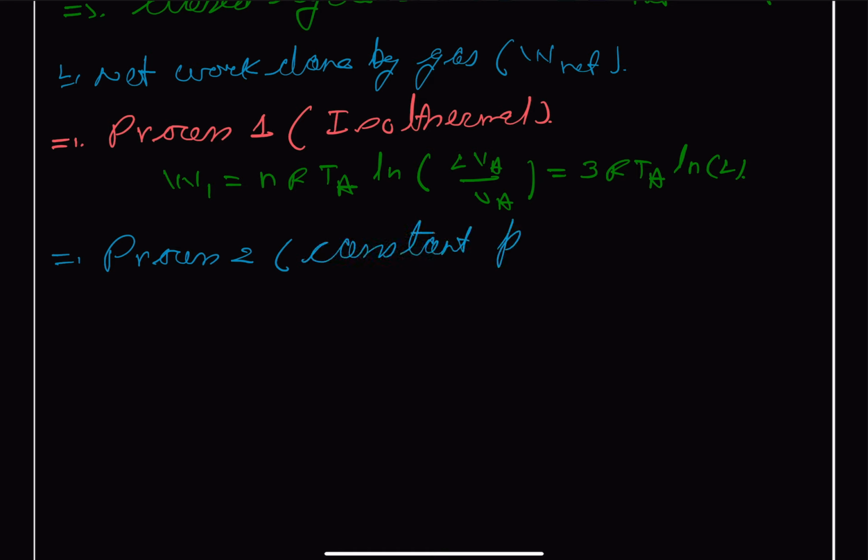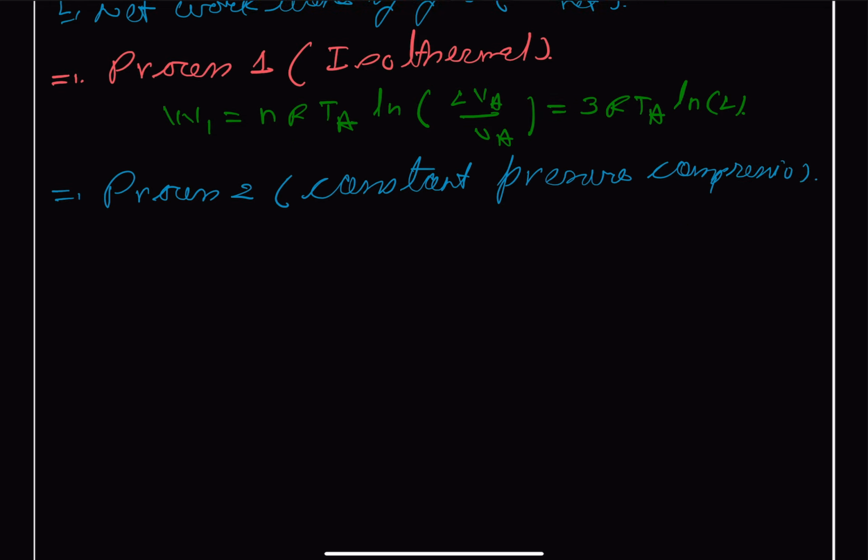Its work done, suppose W2, will be P delta V, and P we already found out is PA by 2, and this comes as VA minus twice VA.